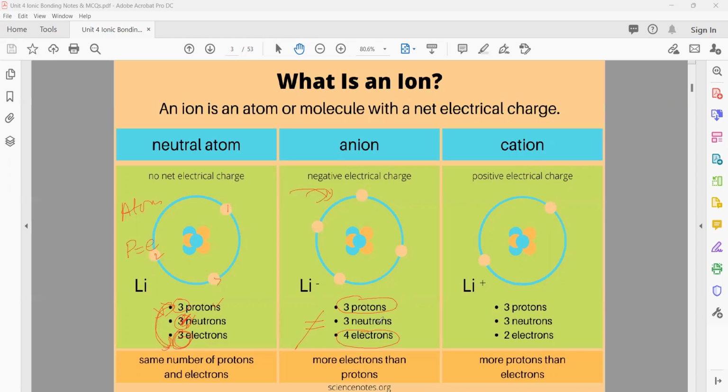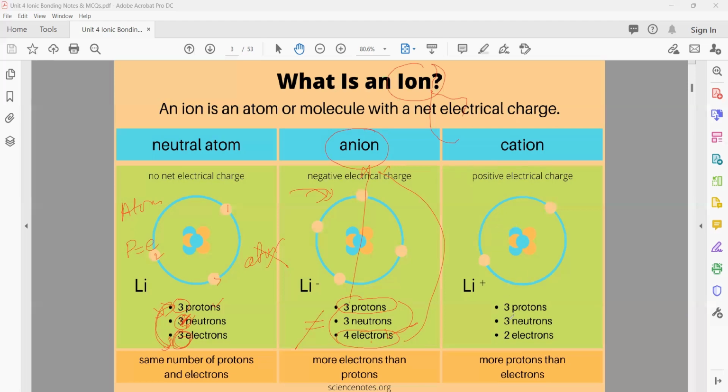No. So which is more? Electron. So when their numbers are not equal, you cannot say it is an atom. It is not an atom. It is an ion. So if the electrons are more than protons, it is known as an ion.